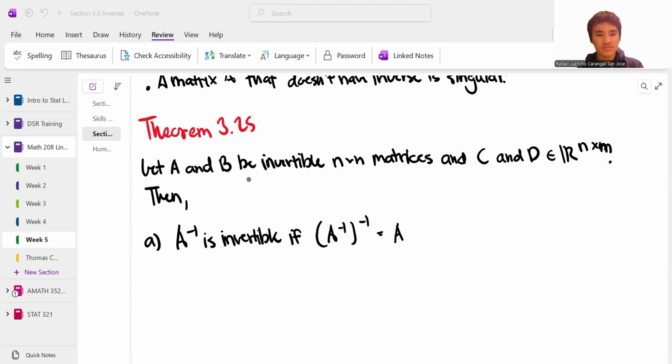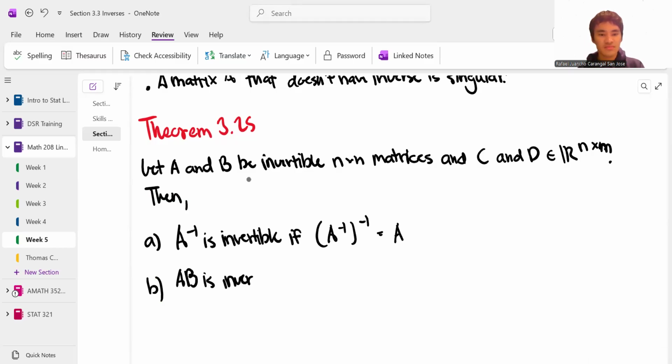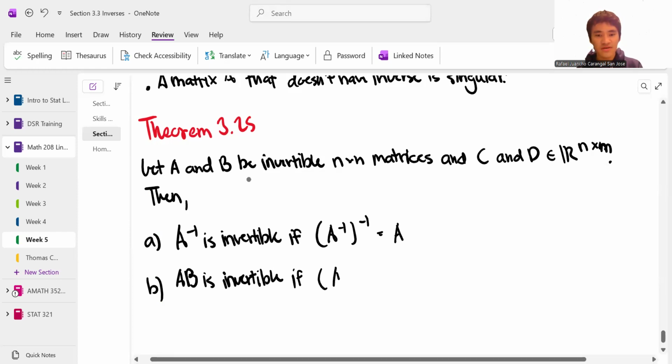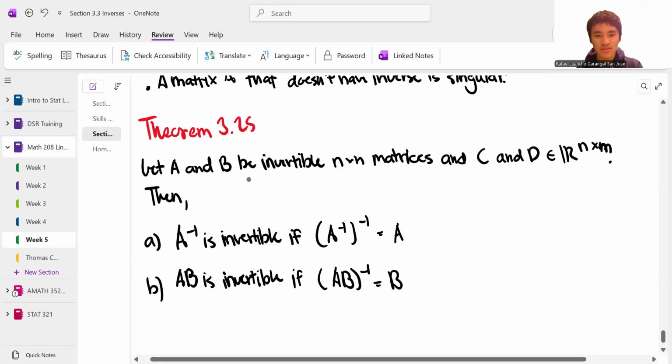All right. B, AB is invertible. So I'm thinking the resulting matrix product AB is invertible, and we say that, okay, this one's interesting.